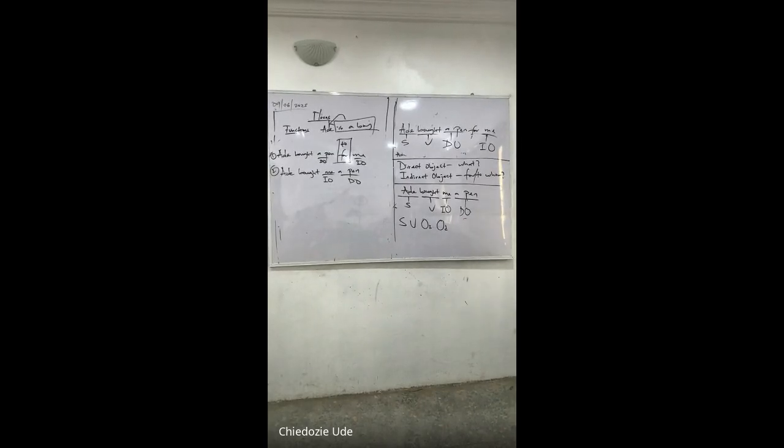So let's try some questions. Since we have known direct and indirect objects, let's try some questions. Alright, so identify the sentence elements, using the pattern SVO. Forget about CA, just using SVO.